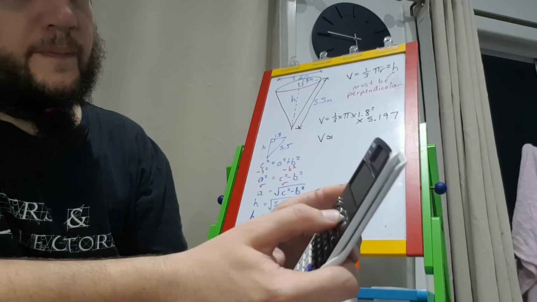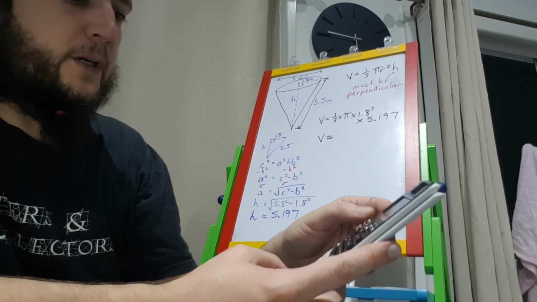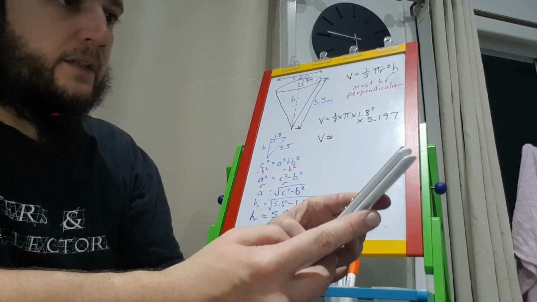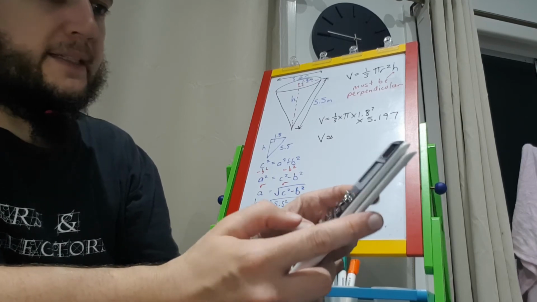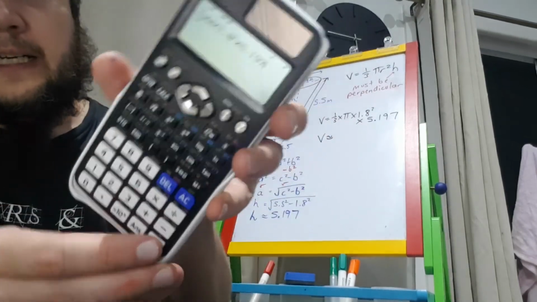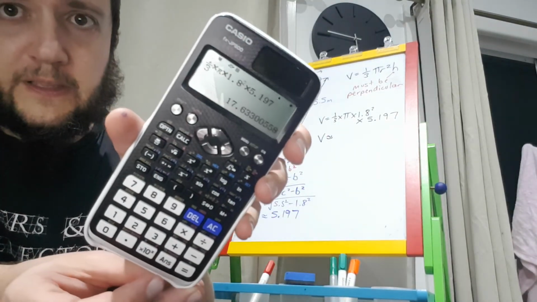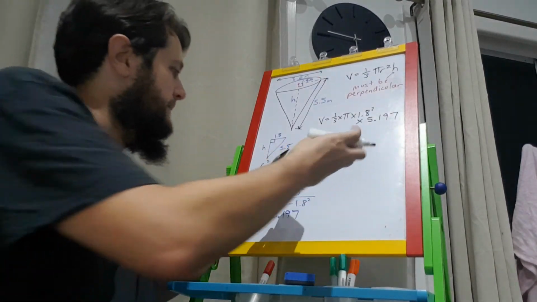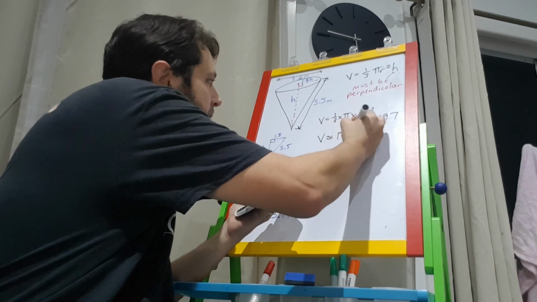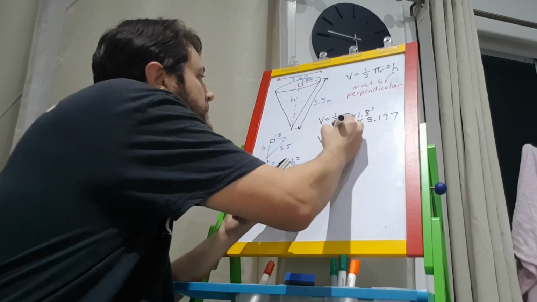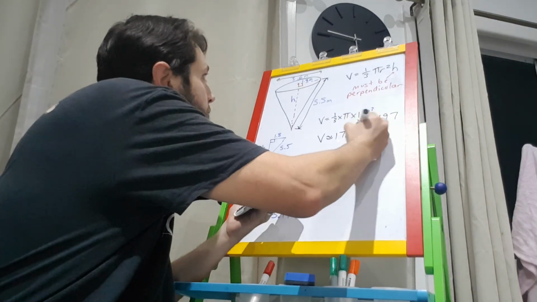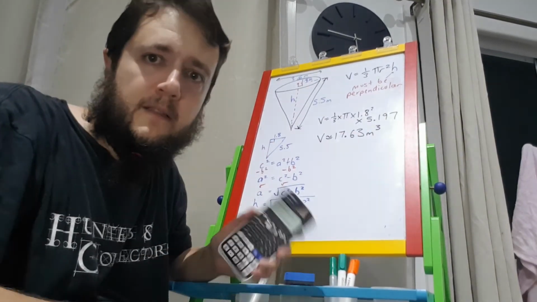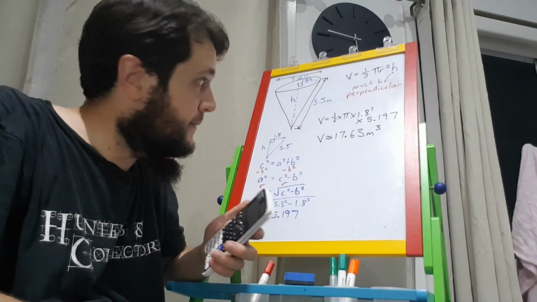So 1/3 times pi times 1.8 squared times 5.197. And we get a little over 17. So we've got 17.63 meters cubed. Remember, we're dealing in volume now, so it's cubic units, meters cubed.